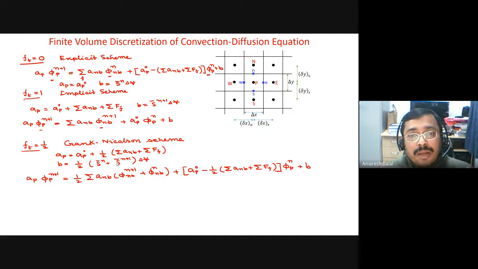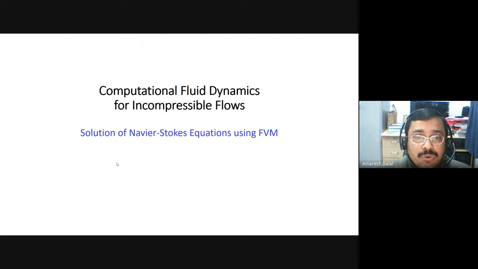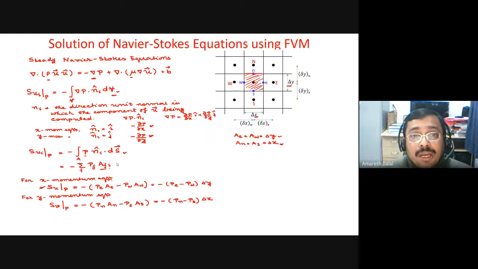Now we have learned how to discretize the convection diffusion equation. Now quickly we'll go into discretizing the Navier-Stokes equation. So you can see that these are the steady Navier-Stokes equations, and when we discretize these equations in the main control volume, we use this grid which is known as collocated grid. What do you mean by collocated grid?